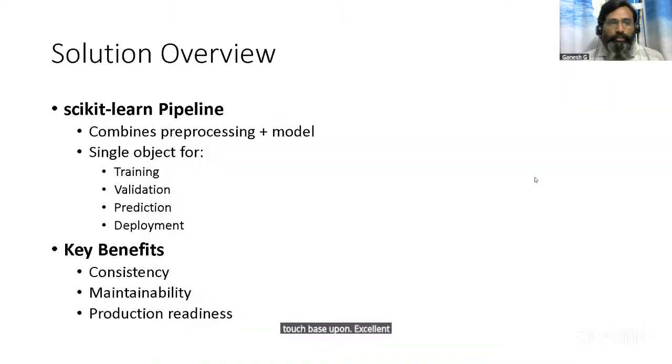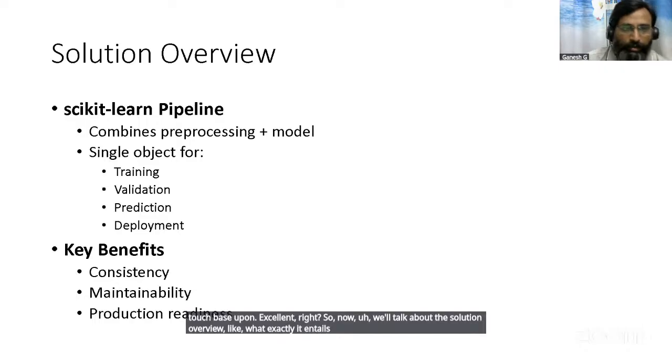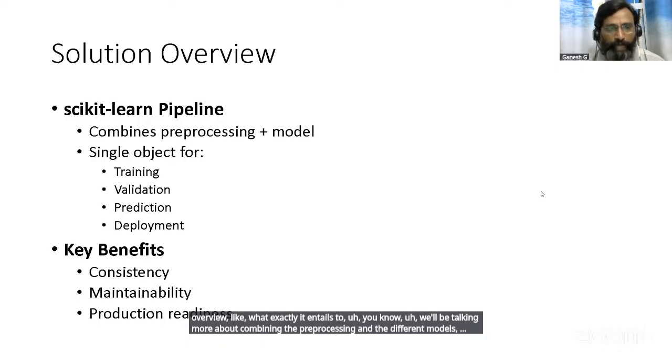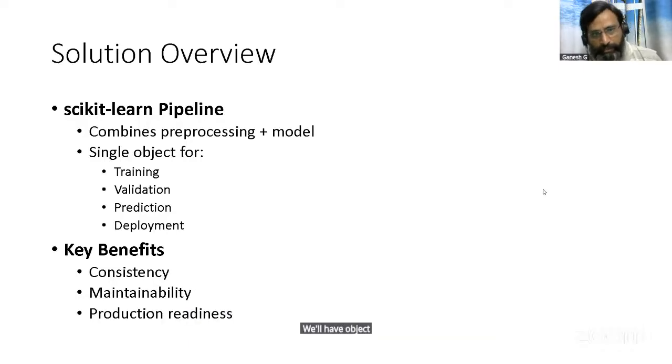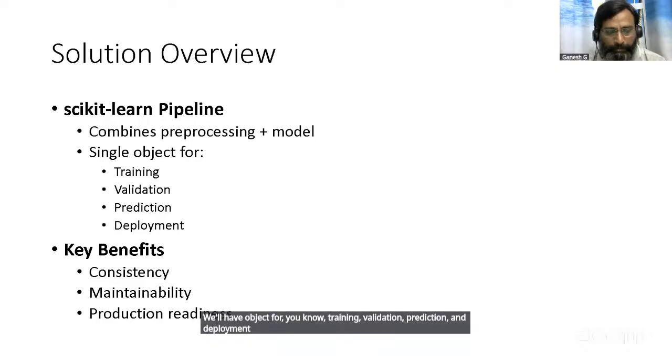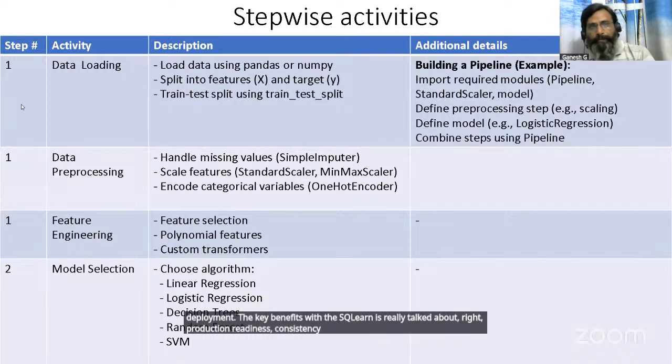Excellent. So now we'll talk about the solution overview, like what exactly it entails. We'll be talking more about combining the pre-processing and the different models. We'll have objects for training, validation, prediction, and deployment. The key benefits with scikit-learn are production readiness, consistency, and maintainability.